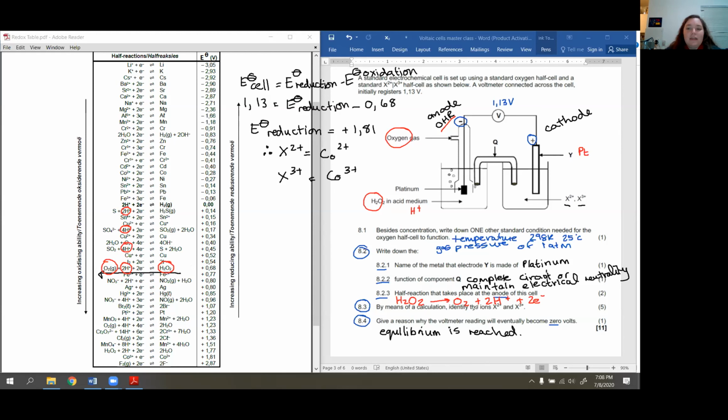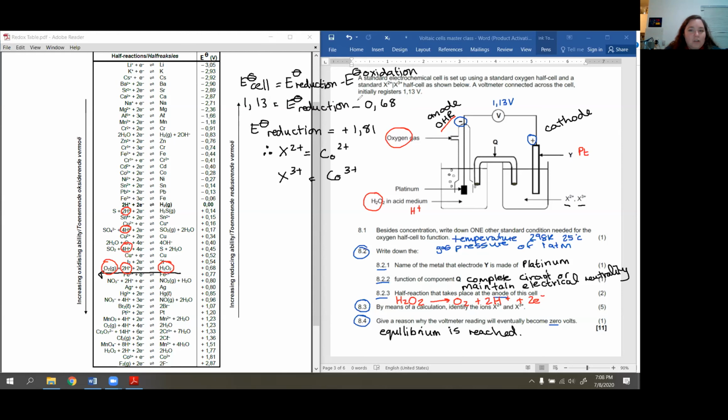By means of a calculation, it says identify the ions X2+ and X3+. So I said here E theta cell is E theta reduction minus E theta oxidation. My cell potential value was given as 1,13. So 1,13 is equal to E theta reduction minus negative 0.68.